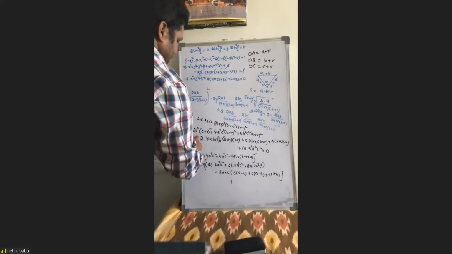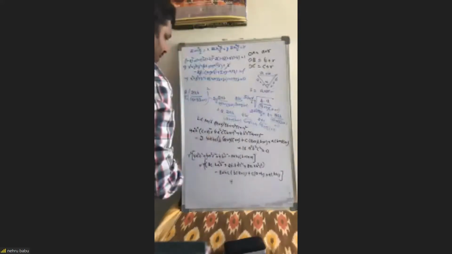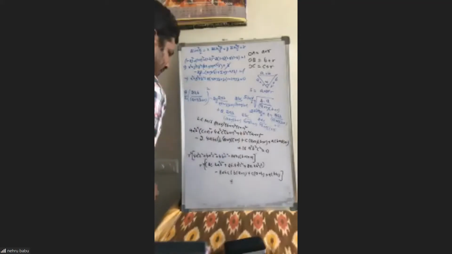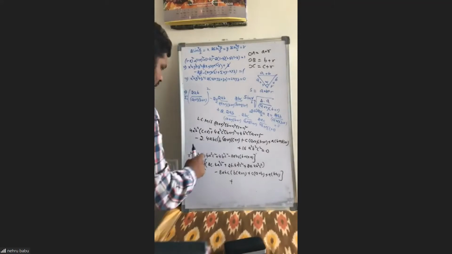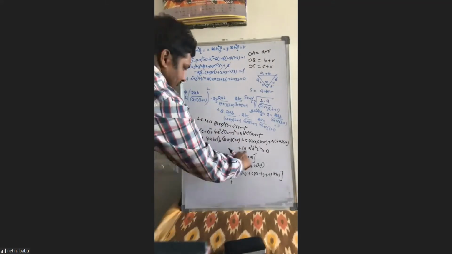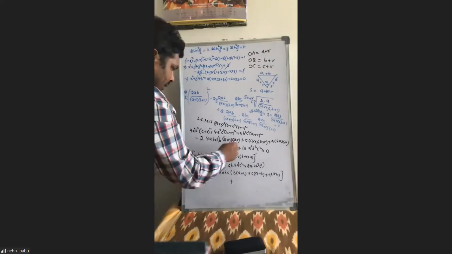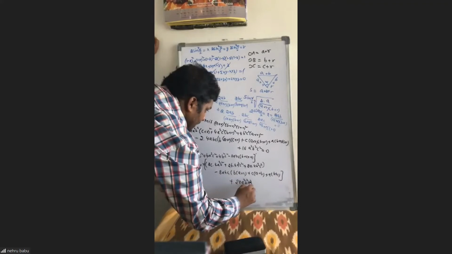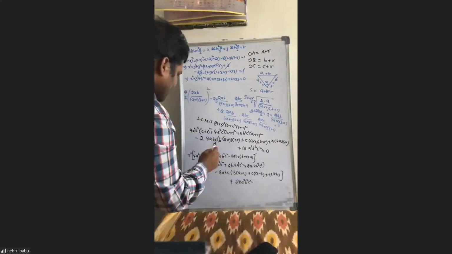Next, the last constant term: 4a square b square c square, 4a square b square c square, 4a square b square c square. That's 4, 4, 4, 12 terms, plus 16, 28 a square b square c square. And still some more terms are there.